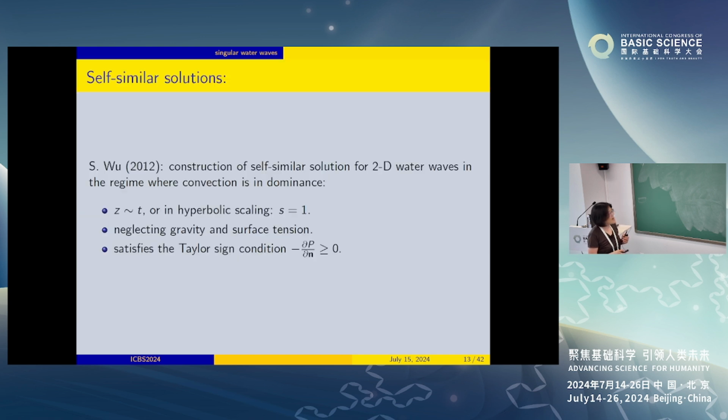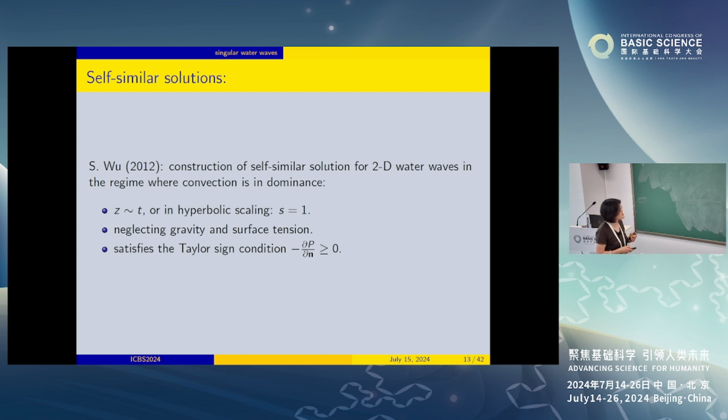So the first thing we want to understand is what are some typical types of singular interfaces. Again, we are going to think about self-similar solutions, because of the importance Tarek has just explained. In physical motion, if you watch a phenomenon for a long time, it does assume some kind of self-similarity.